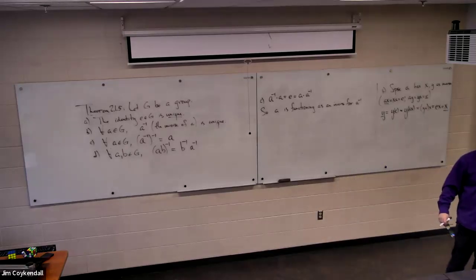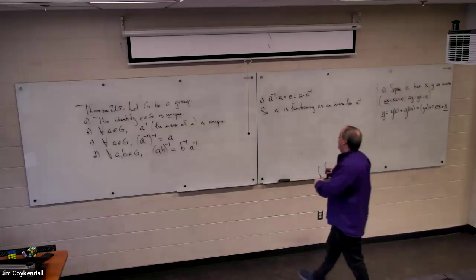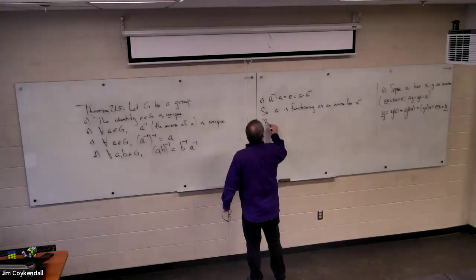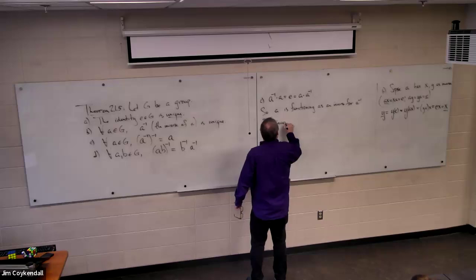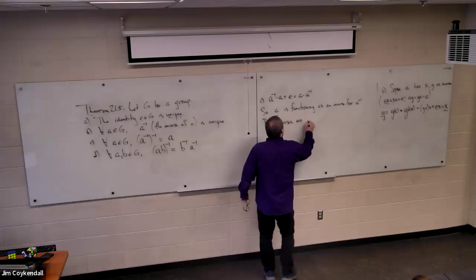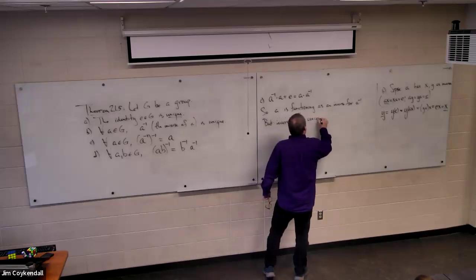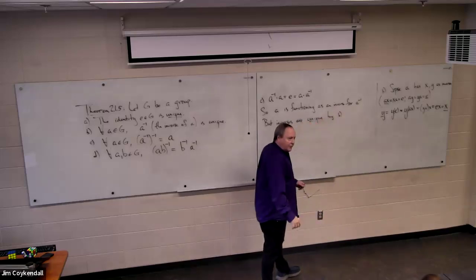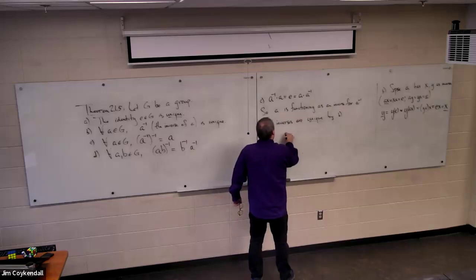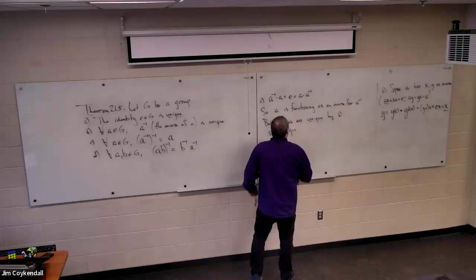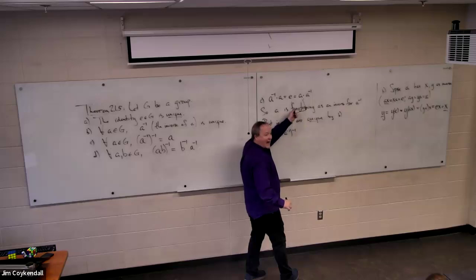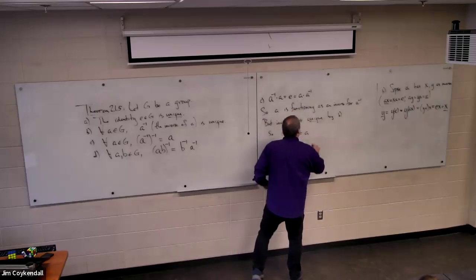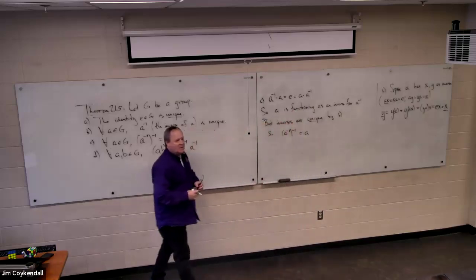Everybody agree with that? But inverses are unique, by B. So the inverse of A inverse has to be A. Everybody agree with that?